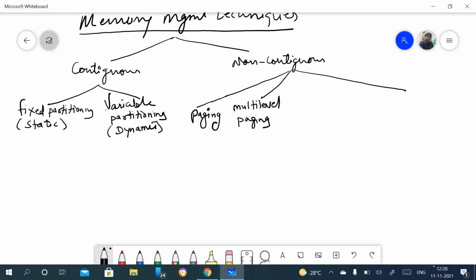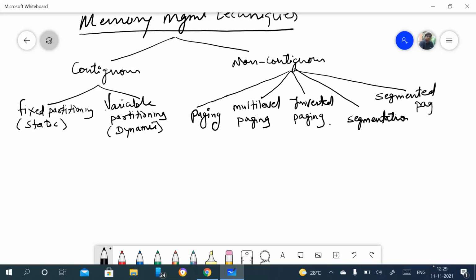Then inverted paging, segmentation, and segmented paging, the last one. Right. So these are the 5 techniques, and we'll focus on these.